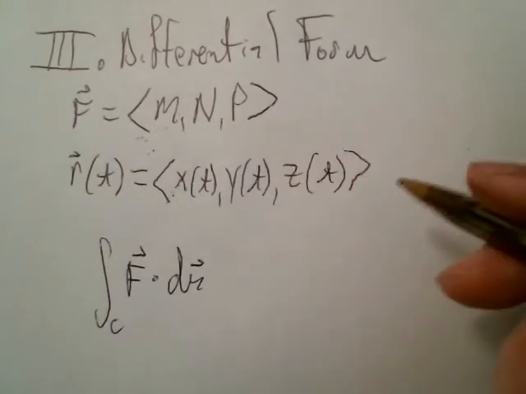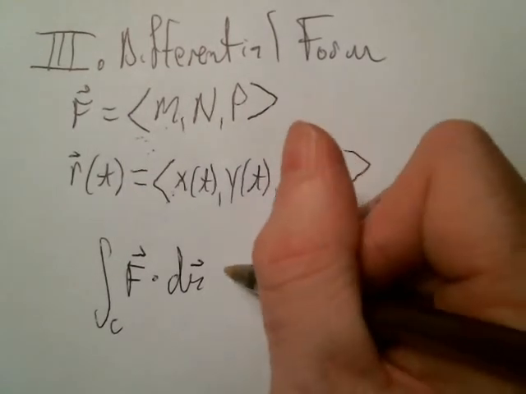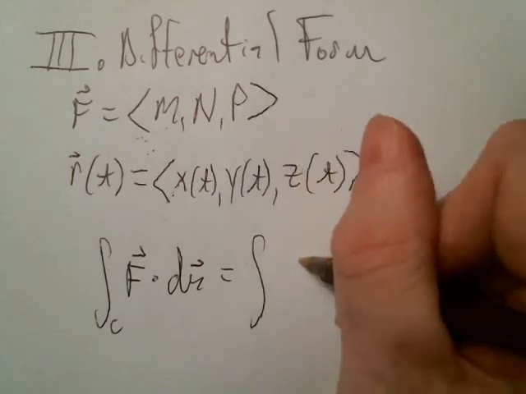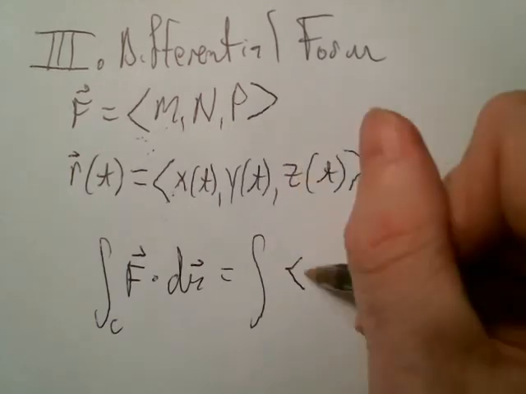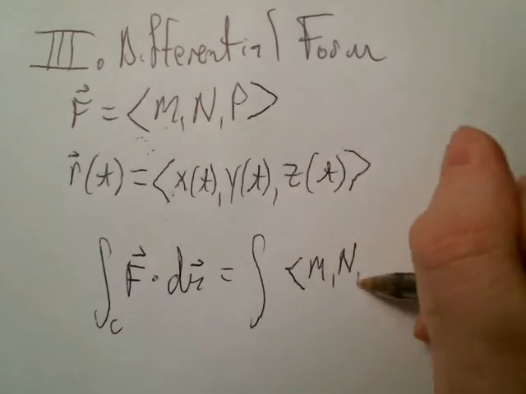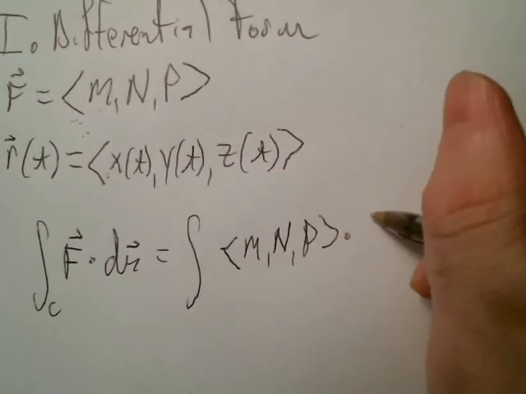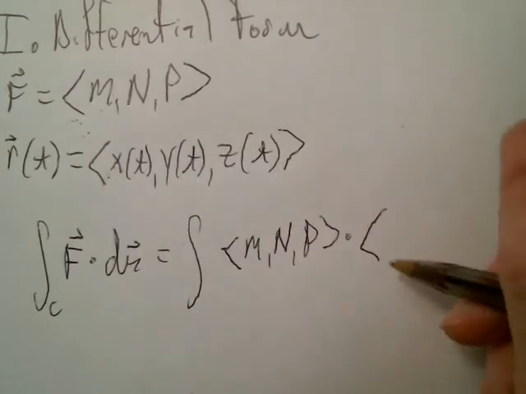Okay. So what is this thing then? This is the integral of the dot product of m, n, p with the derivative of this thing.